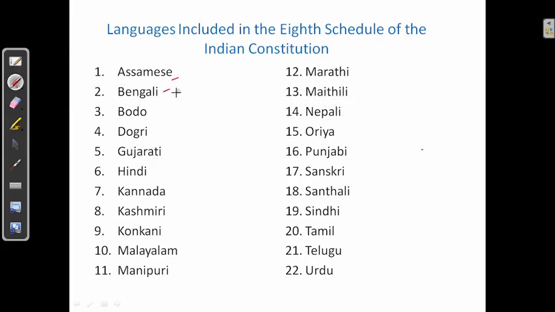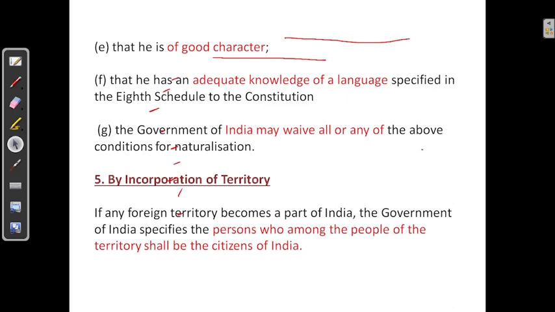Assamese, Bengali, all these are under the 8th Schedule of the Indian Constitution. So he should have adequate knowledge of a language specified in the 8th Schedule of the Constitution.